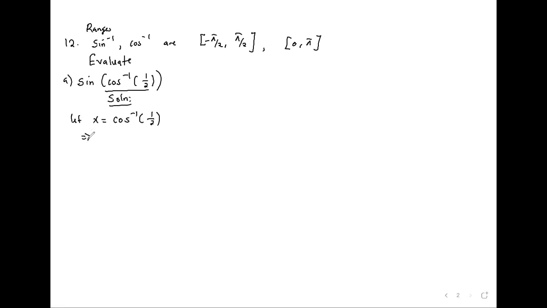Then you are solving cos x is equal to half. Now cos is found in this interval. For cos that gives half, x is 60, so x is pi over 3. We can't get any other angle between 0 and pi that gives a positive cos.